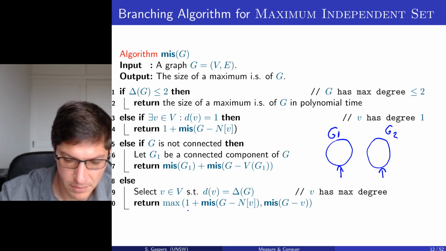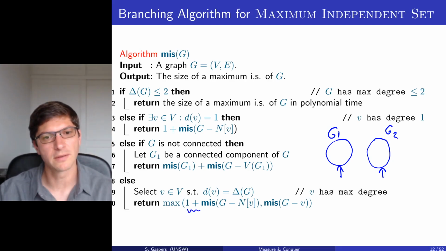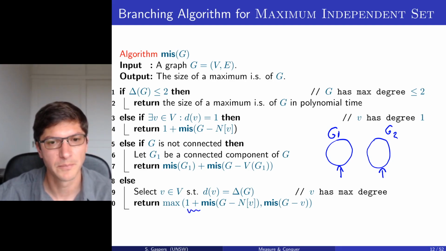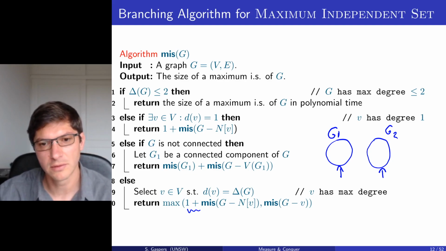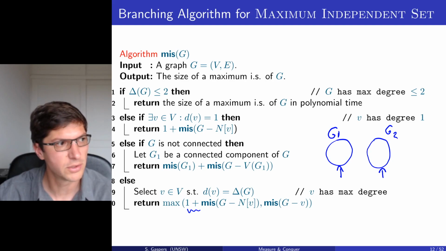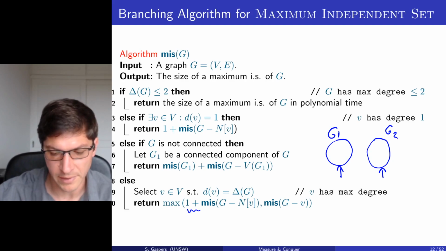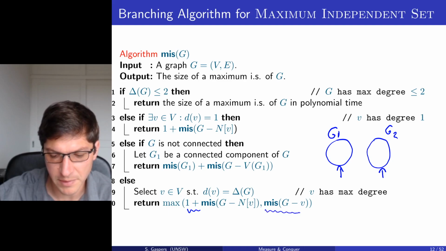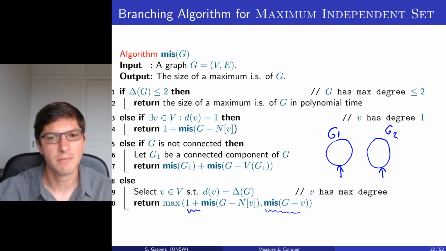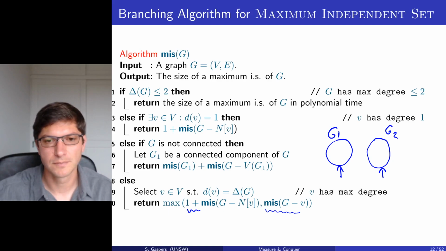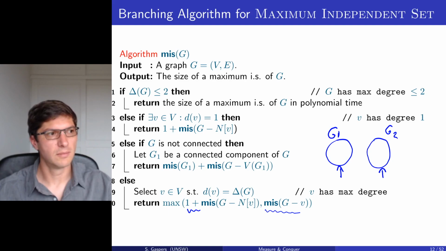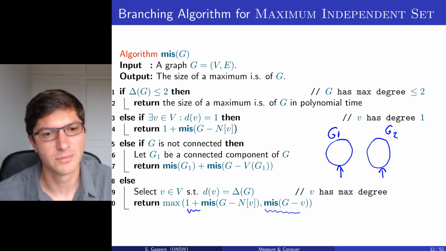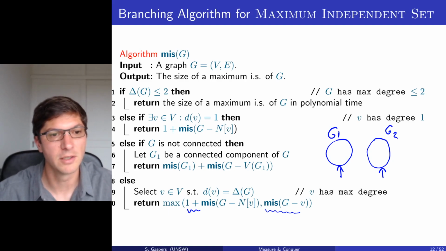And we get a +1, of course, because we put this vertex V into the independent set. So that's one option, and the other option is we discard the vertex, which means we don't put it into the independent set, and then the size of the largest independent set is the same as the size of the largest independent set in the graph G minus V. So it selects this vertex and does an exhaustive branching on this vertex, where we either put this vertex into the independent set or not.